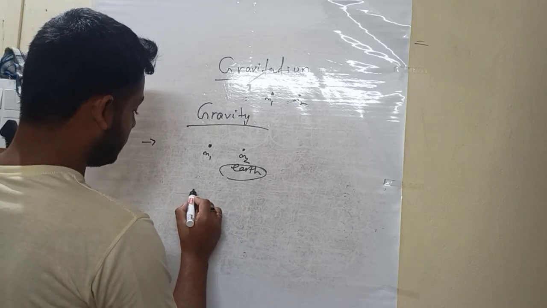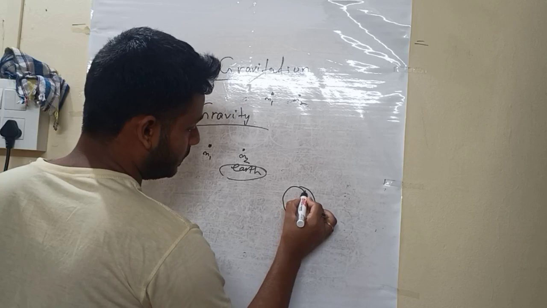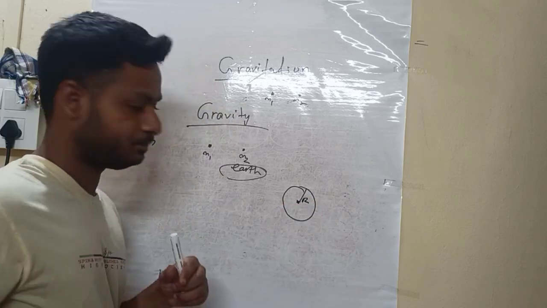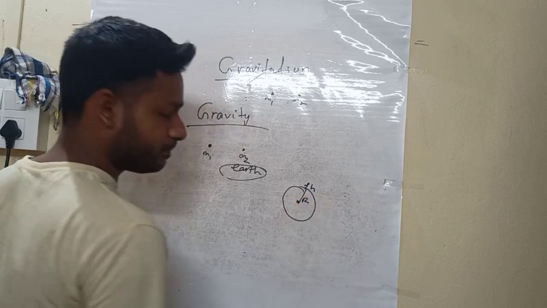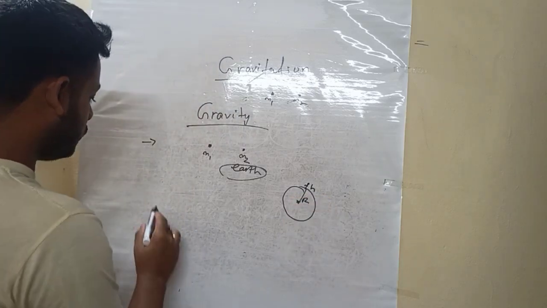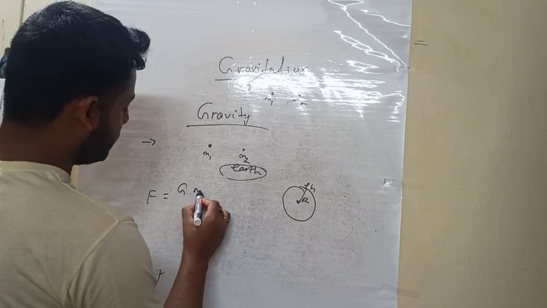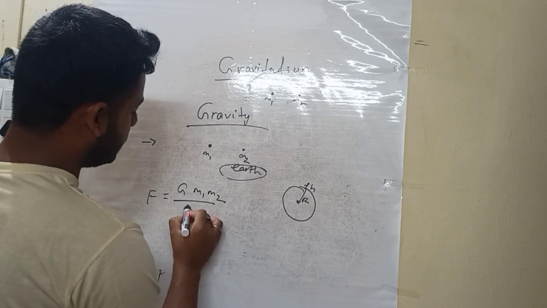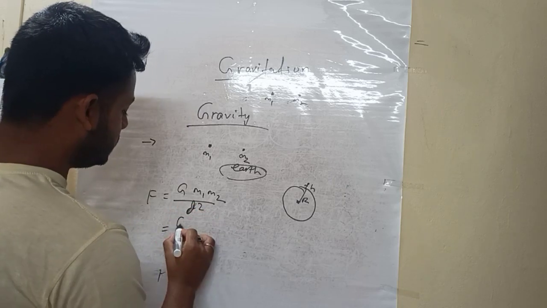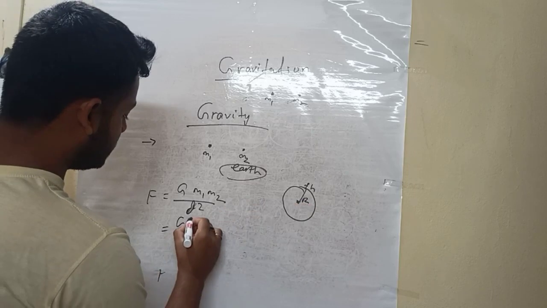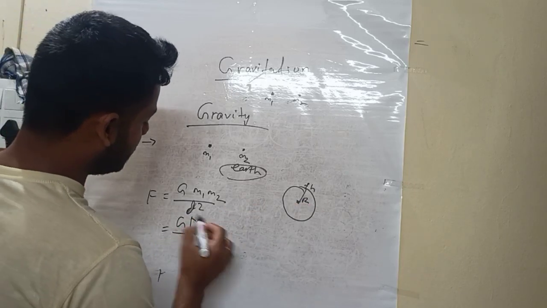So what will happen here? Suppose this is the earth, with radius r, and this is an object at height h. I told you the force of gravitation will be G m1 m2 divided by the distance squared. Mass of one body is M, the earth. Mass of the second body is m, any mass.